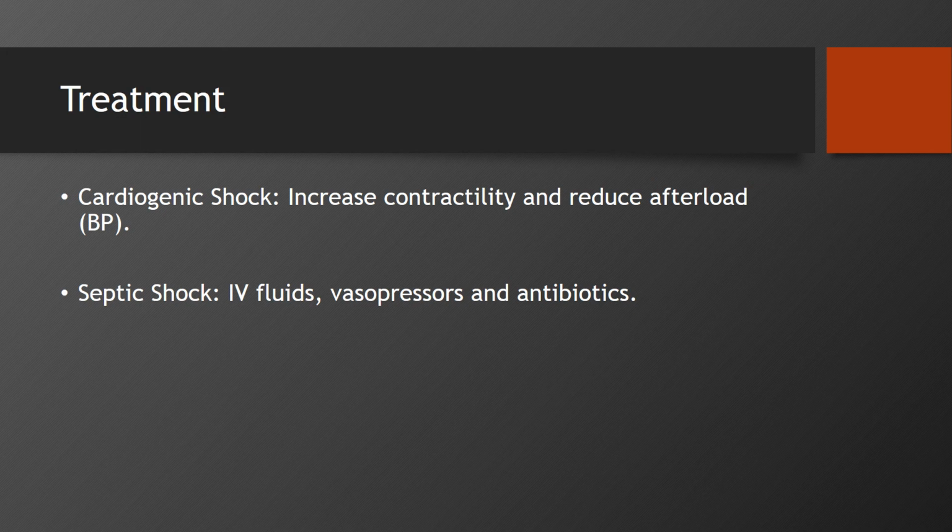And you see it reflecting in their mean arterial pressure. That's when they need a vasopressor. So that's a medication that's going to bring up your blood pressure. And those are the potent medications that I mentioned a little while ago. Again, ICU setting. Okay, so those would be the treatments for the 2 types of shock.